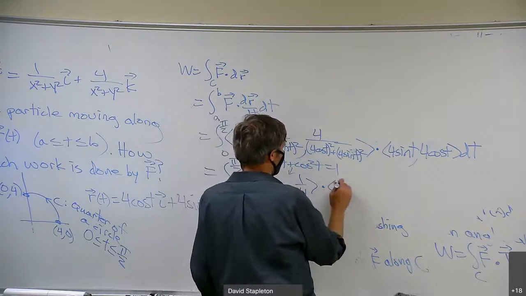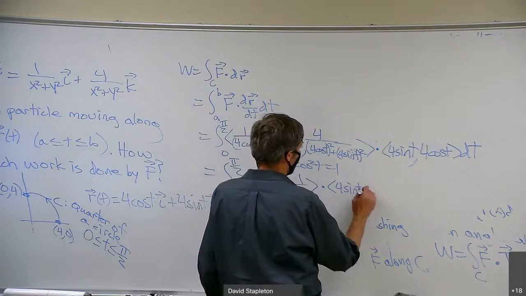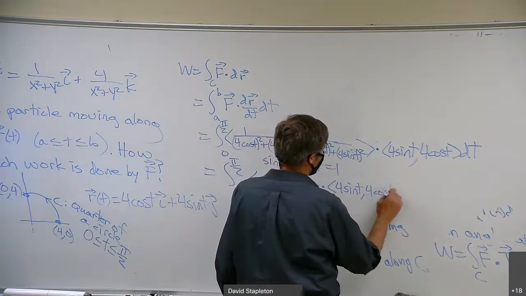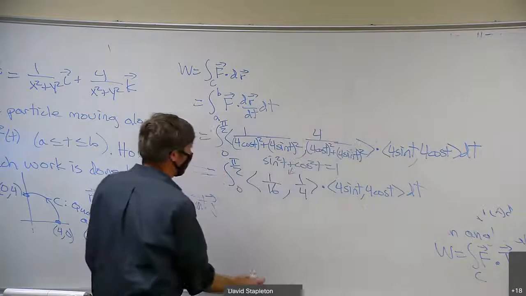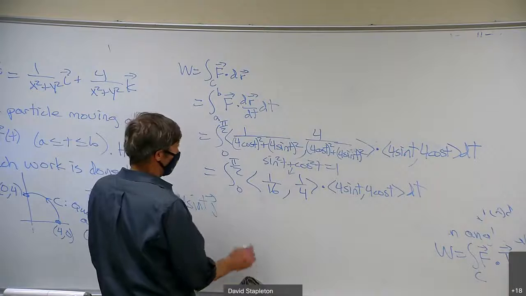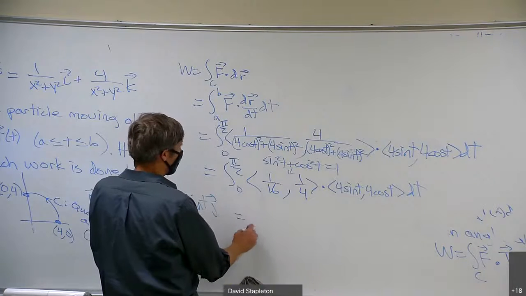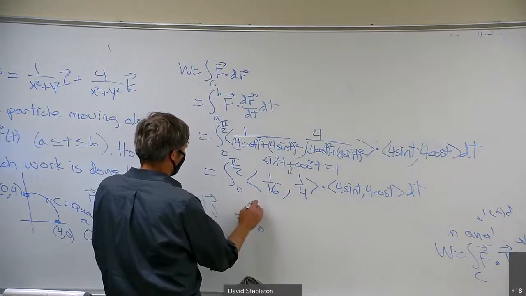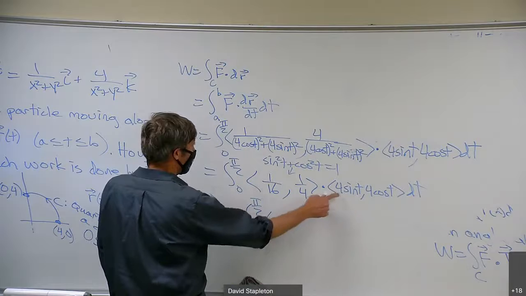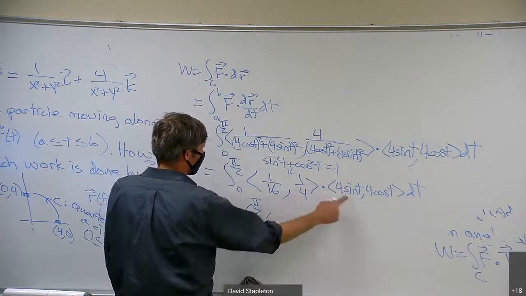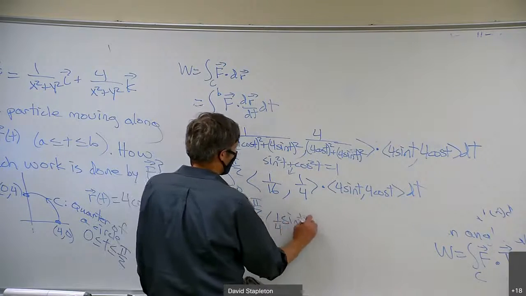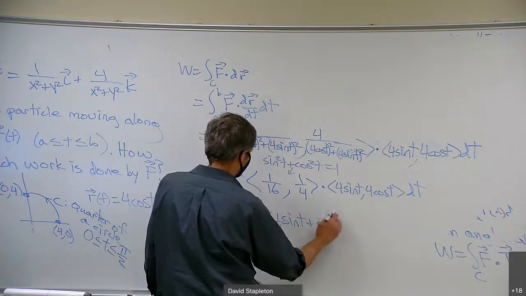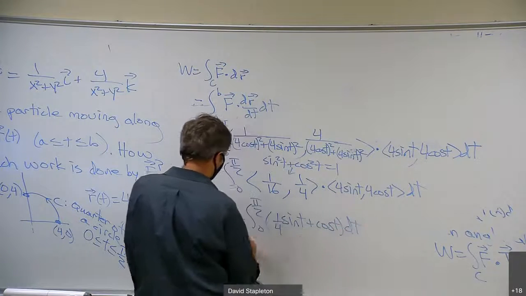And then dot 4 sine t, 4 cosine t, dt. We just have to evaluate that. This is the integral from 0 to pi over 2 of 1/4 sine t plus cosine t dt.